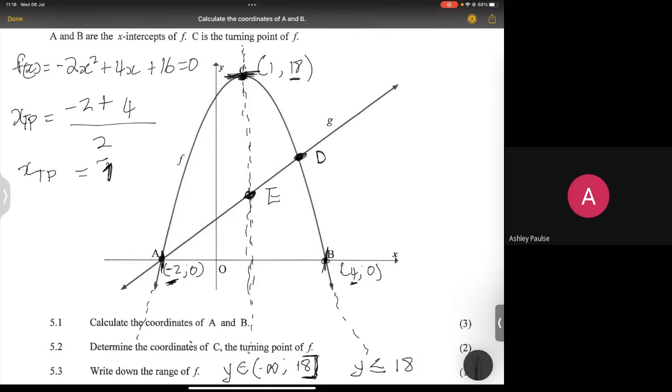Sir, would it be possible to use the distance formula without the second point coordinates? Because E doesn't include... There's no numbers for E. There's no x and y for E. Tell me what you mean by that.